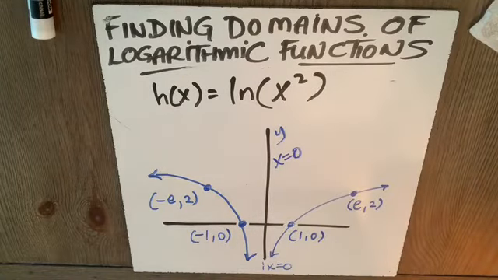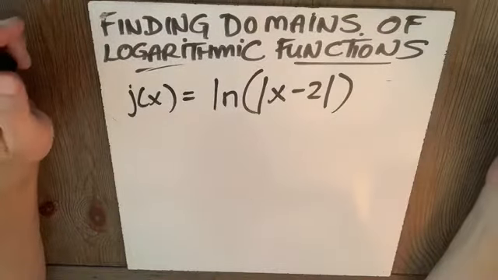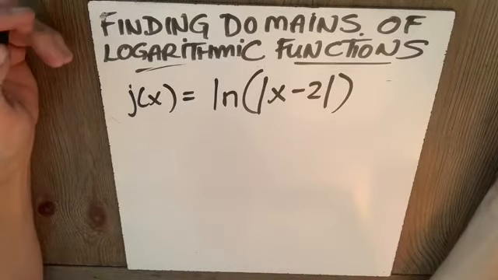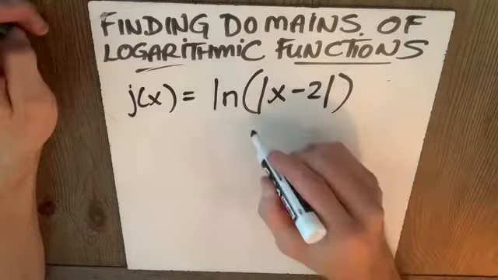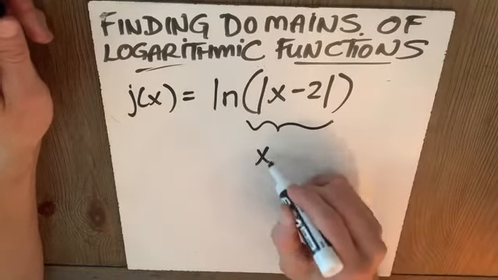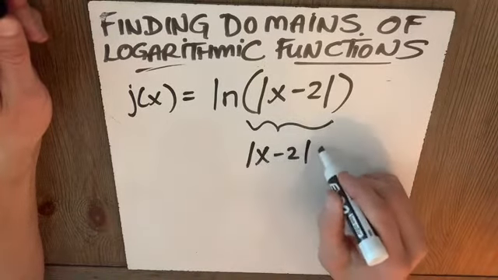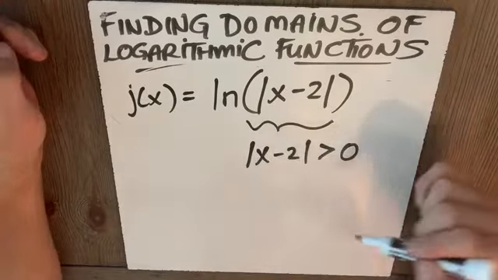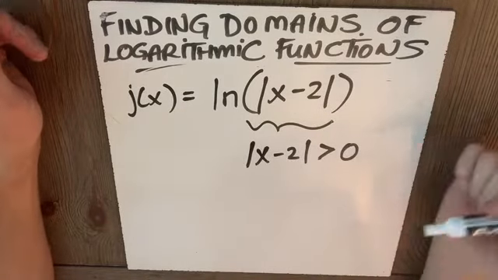There's our vertical asymptote. Here's a very interesting one. How about finding the domain of the natural log of the absolute value of x minus 2? Mechanically, we can ask where the absolute value of x minus 2 is greater than 0. Remember, for absolute value, if it's positive, keep it positive; if it's negative, make it positive.